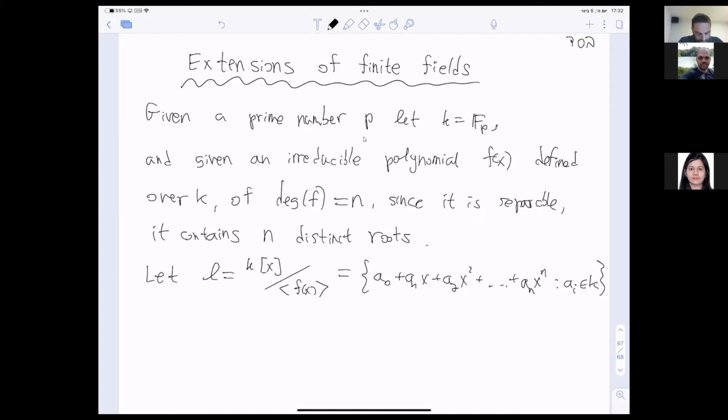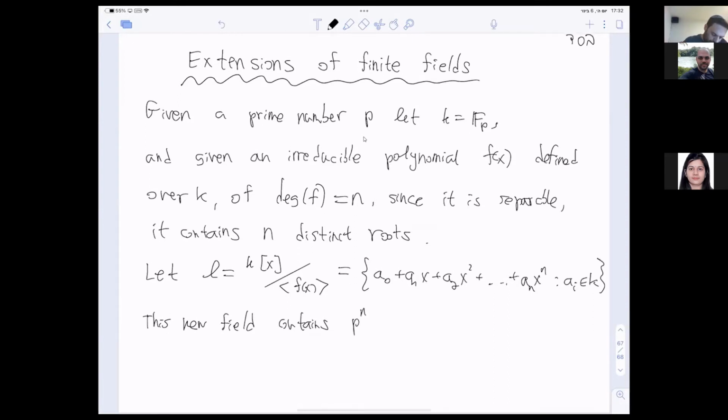It's a field. Okay, this is a field. So this new field contains P to the power of n elements, because each coefficient here has P possibilities.